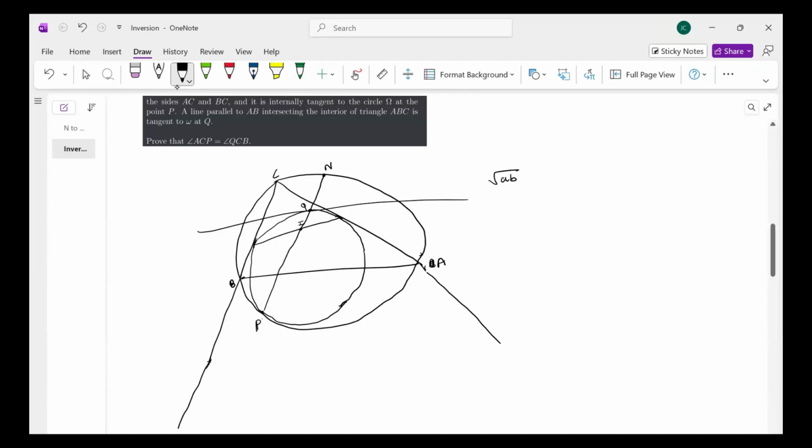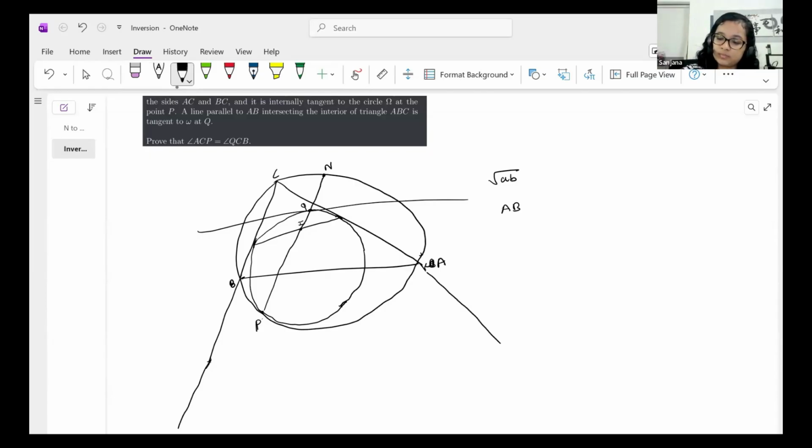We know that the image of the circle is tangent to both AB and also CB and CA, because they go to each other under, in this case, root AB inversion. Actually there are two options: you can have the incircle or the X circle.